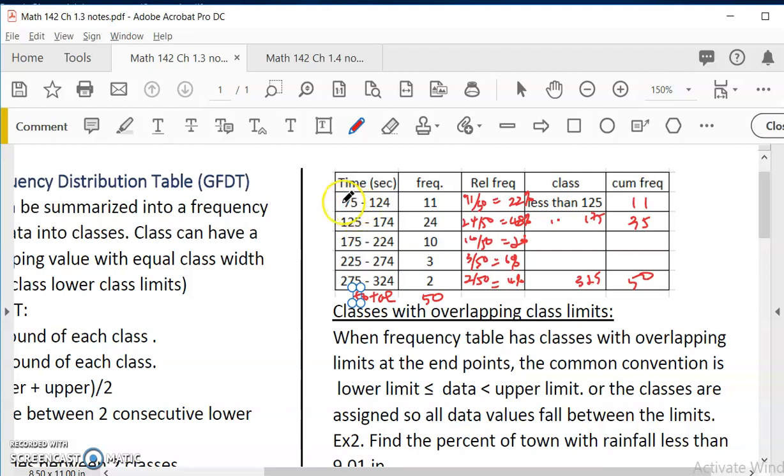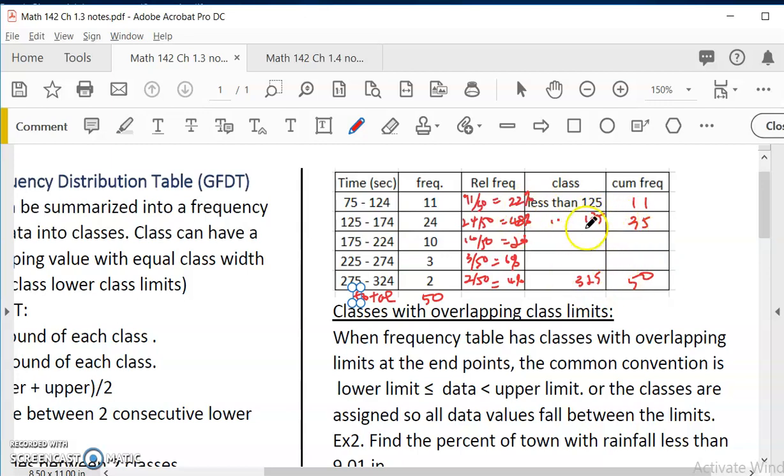Of course, no one is less than 75, so we don't have to specify that. The first one would be less than 125, the second class. So everything in the first class is less than the second class lower limit, so we get 11. And then you just keep on adding them. Last time we didn't finish this.